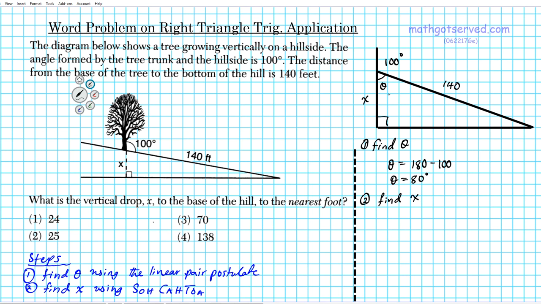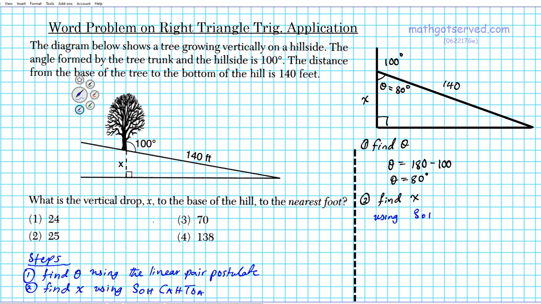Alright, next we're going to go ahead and find x. With this measure, the angle is now a known value, 80 degrees. So to find x, we're going to use this as a reference angle. We're going to find x using SohCahToa. Which one are we going to use from SohCahToa to find x?